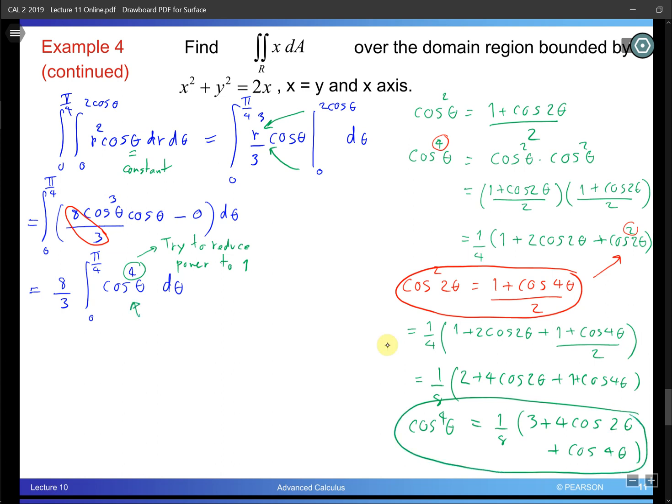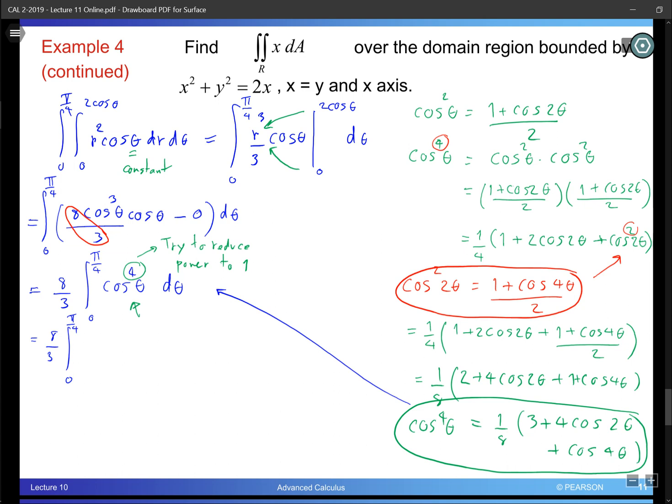Alright, so let's do that. 8 over 3, I hope we have enough space here. So 8 over 3 integrate from 0 to pi over 4. Now everything goes in here.